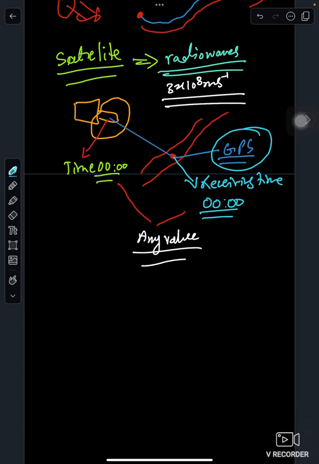So the signal is sent at a time by the satellite, and the receiver of the GPS in the car receives that signal later.